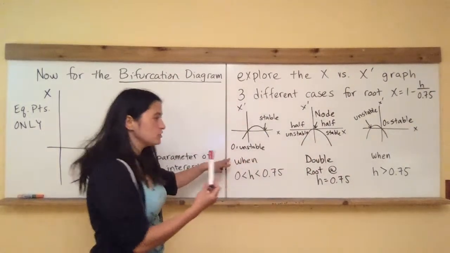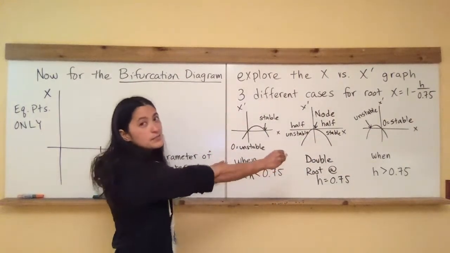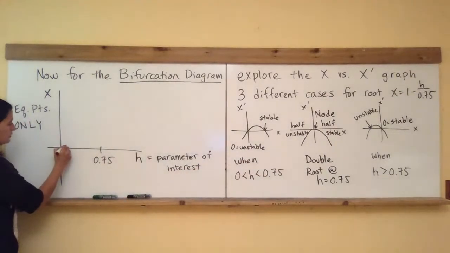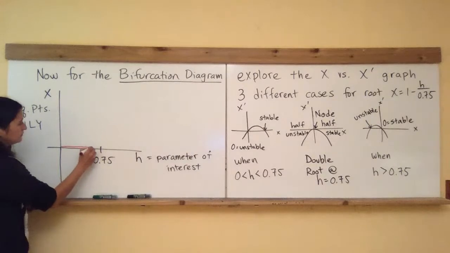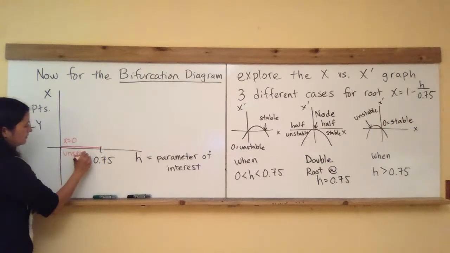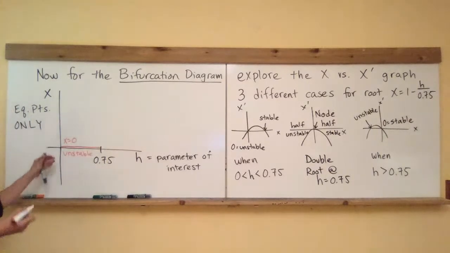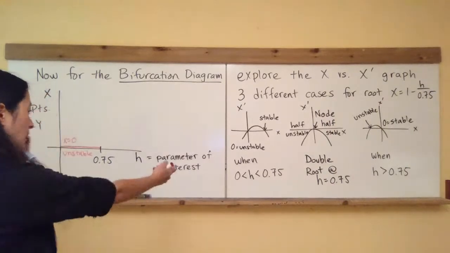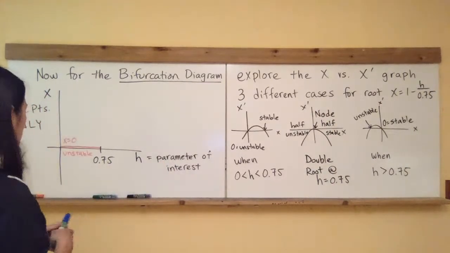So I'm going to be able to draw the red line right up until the bifurcation point. So this red line right here is going to be x equals 0, unstable. That's the unstable equilibrium point at x equals 0 for all of the cases of h between 0 and 0.75.